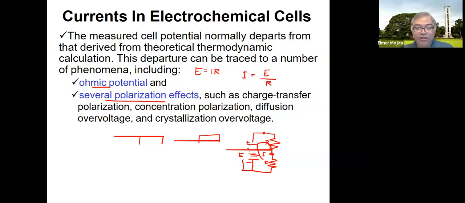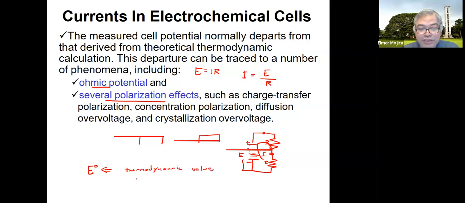So the way that we look at this is what is the effect of the current on the cell potential. Remember, the values that we have are thermodynamic values.